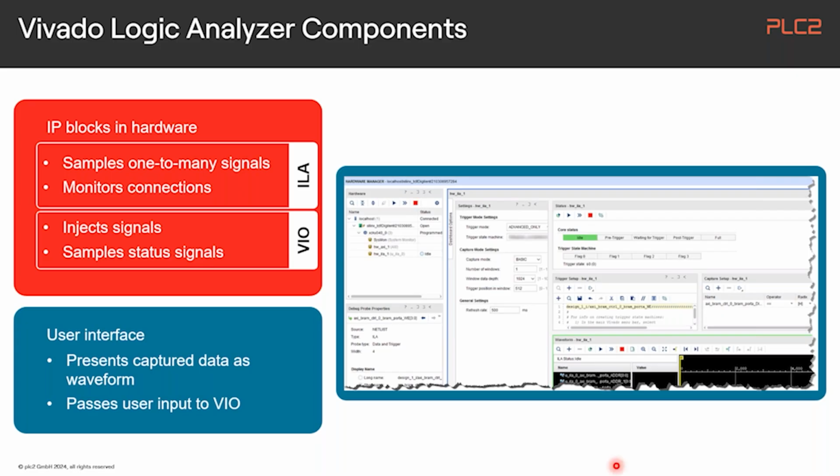This second element, the user interface, is on the one side the hardware structure you see, where instances of ILAs or VIO cores can be seen, and on the other side the control panel, where our logic analyzer can be seen in its status.